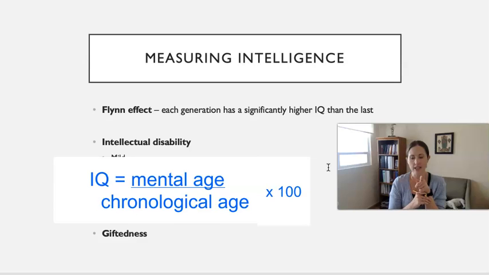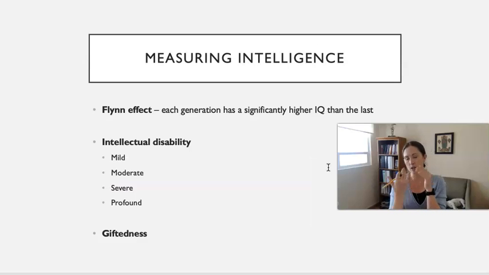No, you're not in the intellectual disability category, but almost. So below 100, less smart than most people your age. Above 100, smarter than people your age. Again, we don't use that simple calculation to create IQ now because of the Flynn effect. They keep having to recalibrate, but the average still is 100.